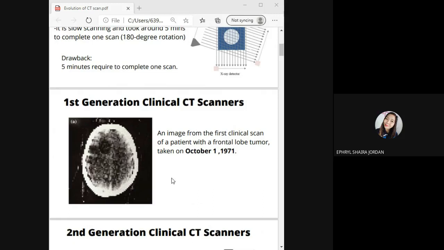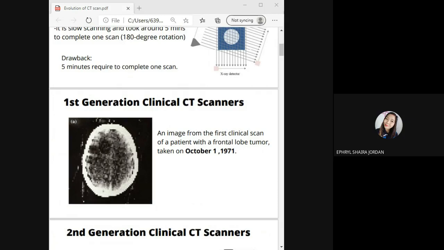As you can see here, this was the first clinical scan of a patient with a frontal lobe tumor taken on October 1, 1971. Yes, we could see the head of the patient, but very poor ang quality. You couldn't even clearly recognize the brain, di ba?